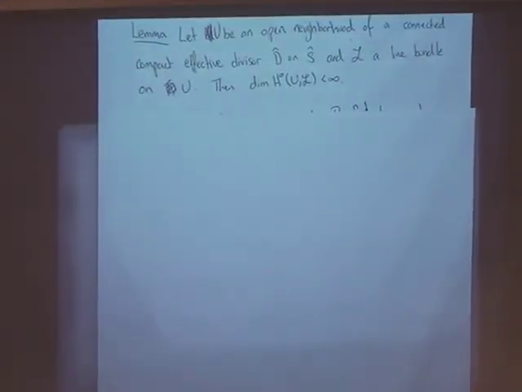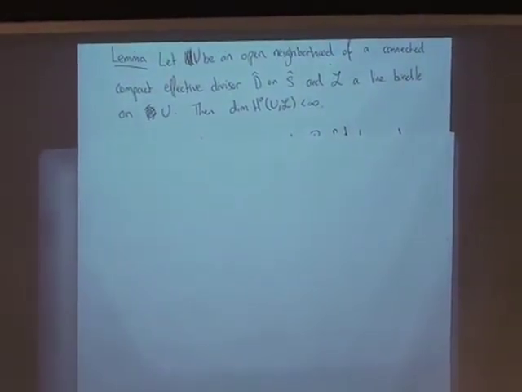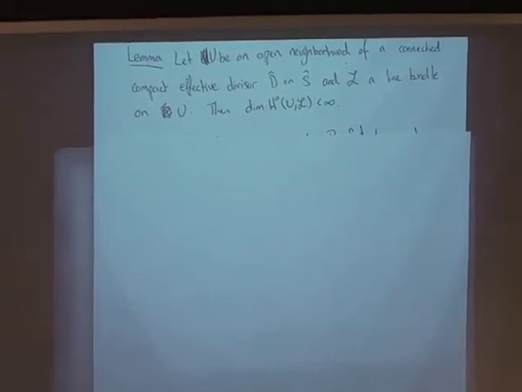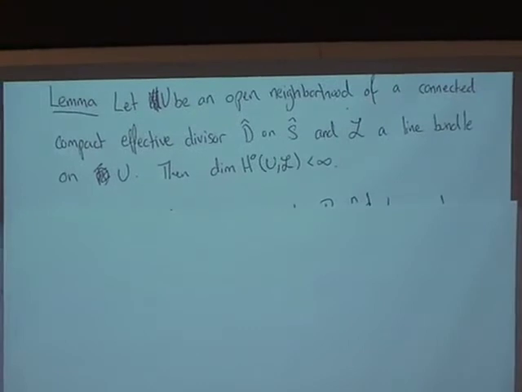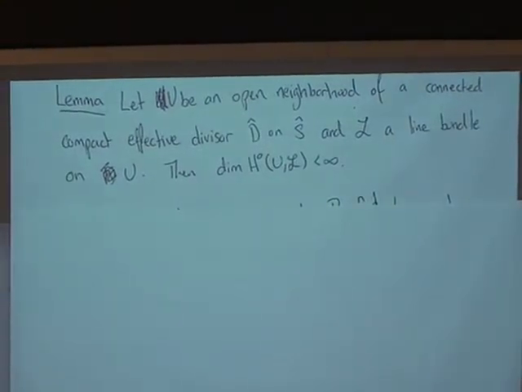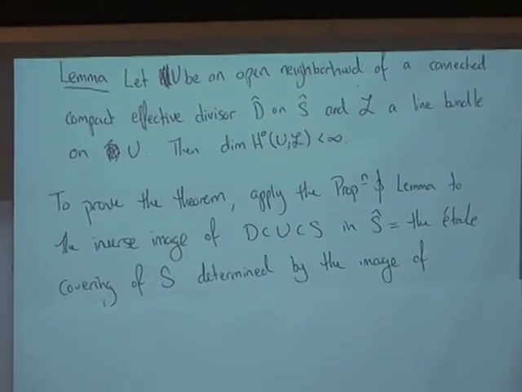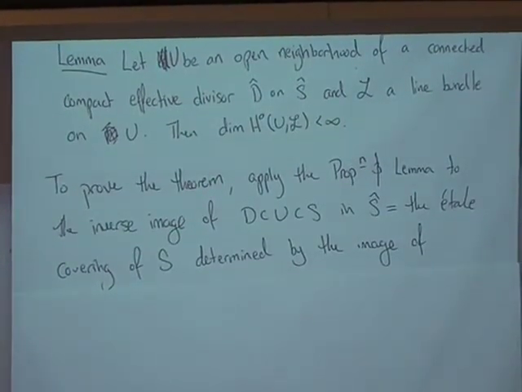The second fact is that if you have an open neighborhood of a connected compact effective divisor, then the dimension of the sections is finite. We're going to think about L as now being a pullback bundle to this cover. I'm also not going to prove that, but here's the basic idea.